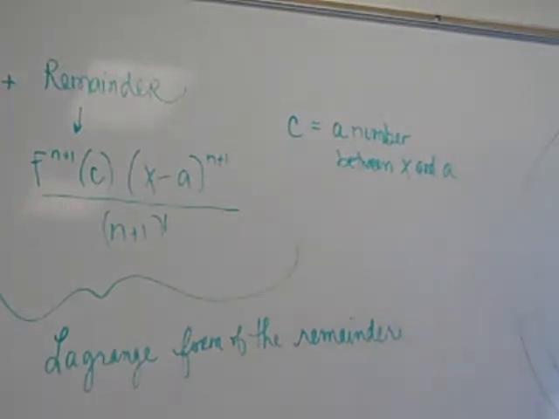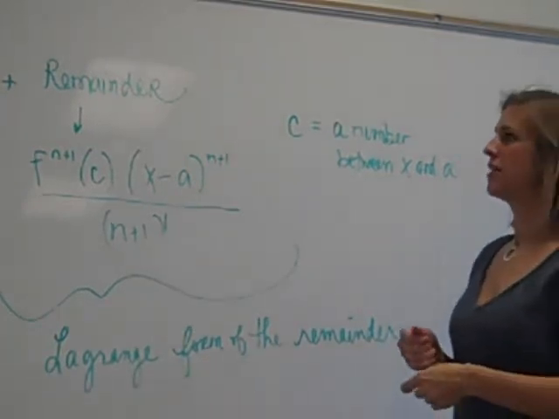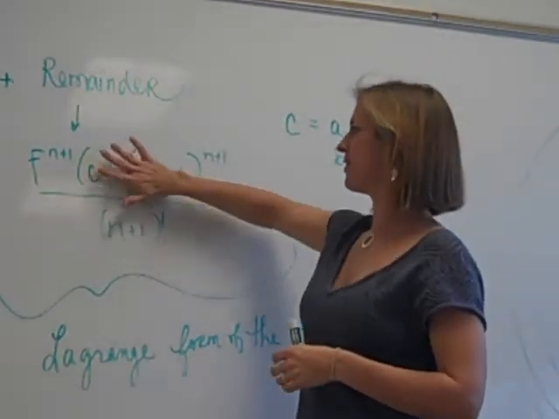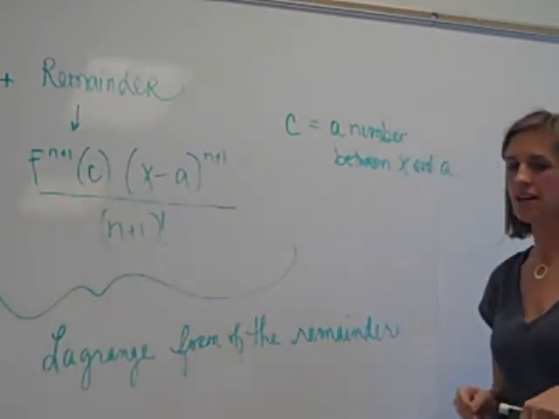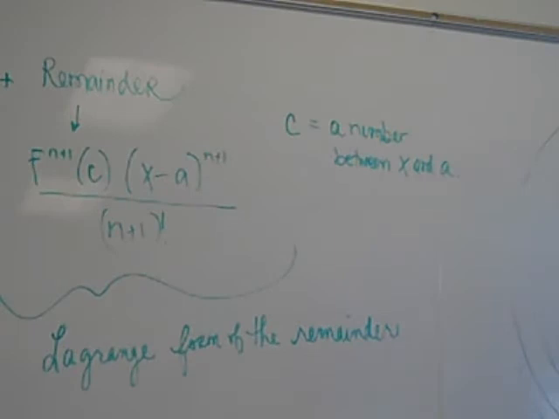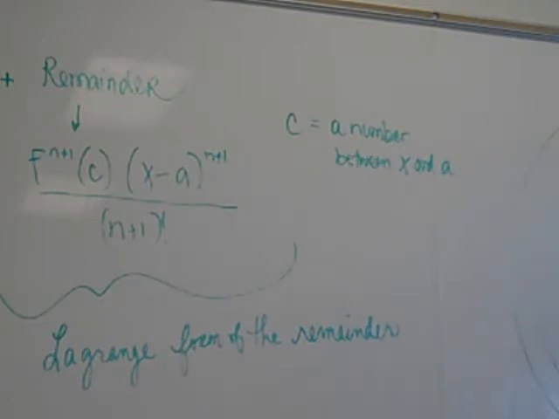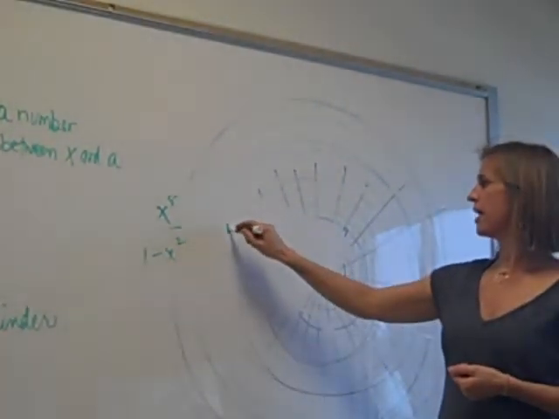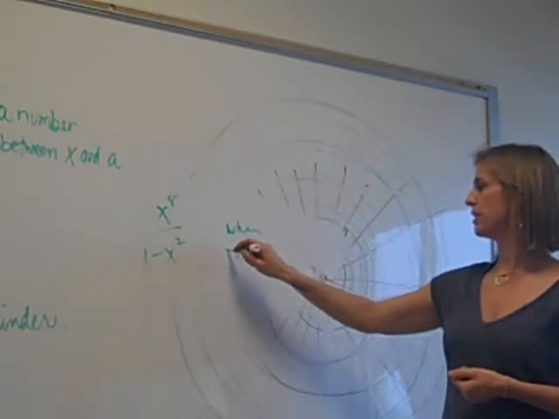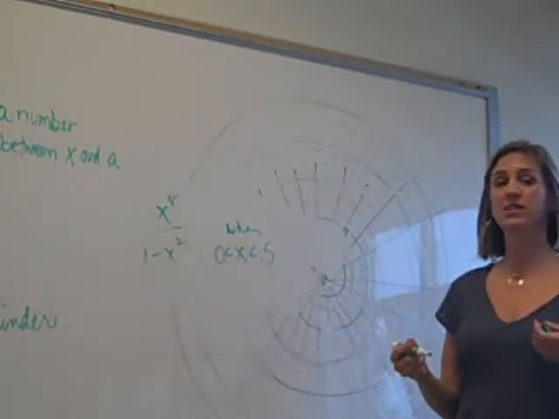When you see a problem, they will probably ask you for the Lagrange form of the remainder, which should be your clue that this is a Taylor polynomial and I'm going to be finding this n plus 1th term. The reason this c can vary is that they're not always going to be specific, and they're asking you to find the biggest possible error. For example, in the last problem we just did, x to the 8th over 1 minus x squared, they might give you an interval, like when x is between 0 and 0.5, what's the error?